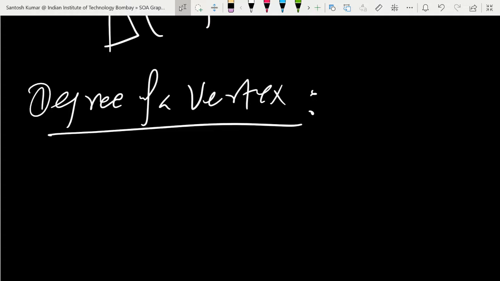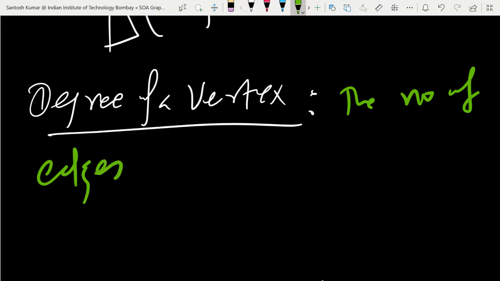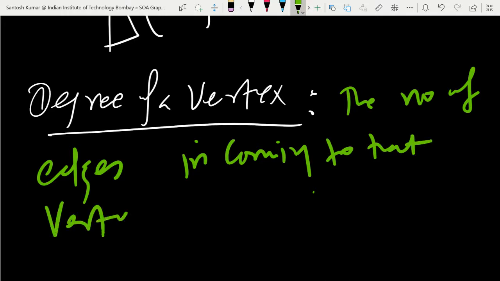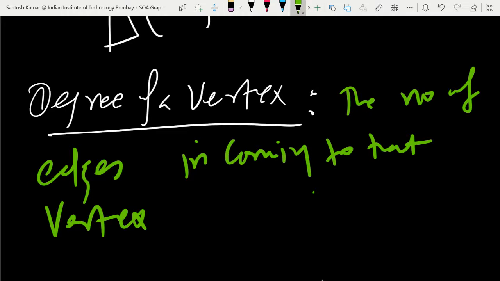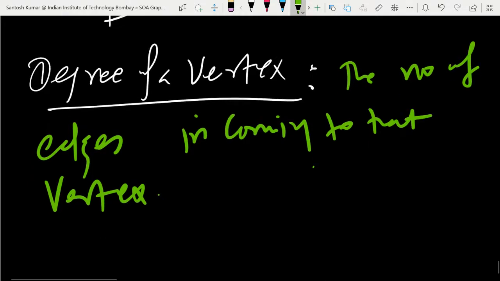Or the number of edges joining it? Yes, so both are correct. You can write the number of edges incident to that vertex. So the number of edges incident to that vertex is the degree of the vertex.